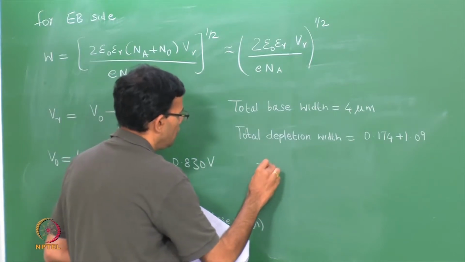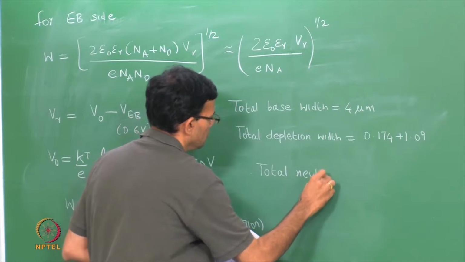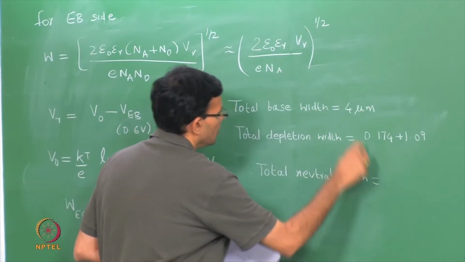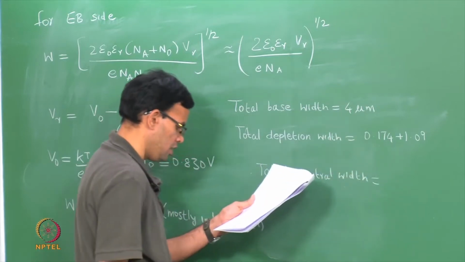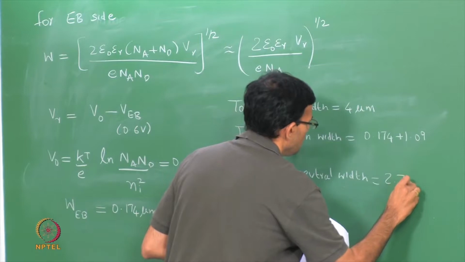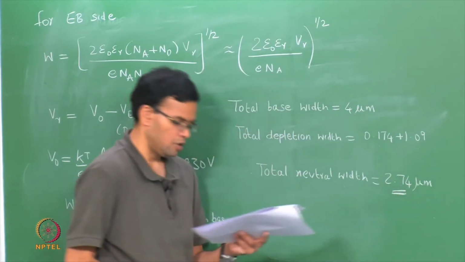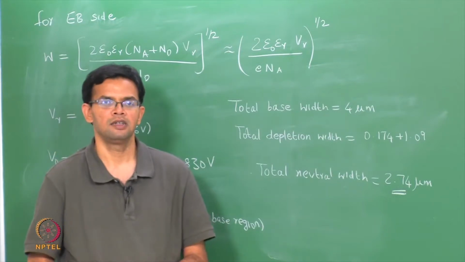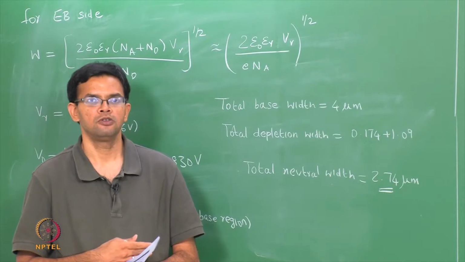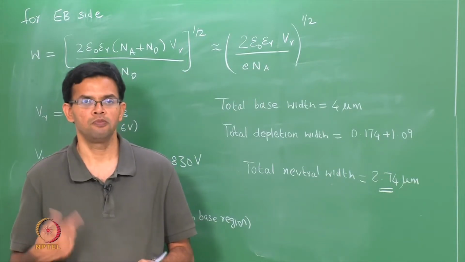Therefore, the total neutral width is this minus this, which comes out to be 2.74 micrometers. So, we can essentially calculate the width of the depletion regions and also the neutral width on the base side. Let us now go to part B.